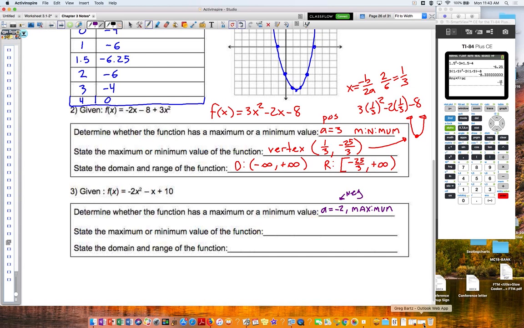So since I know it's a maximum, I know it's opening down. Again, to find that vertex, x equals negative b over 2a. So I have negative 1, so a positive 1, over 2 times negative 2. So I get negative 1/4.